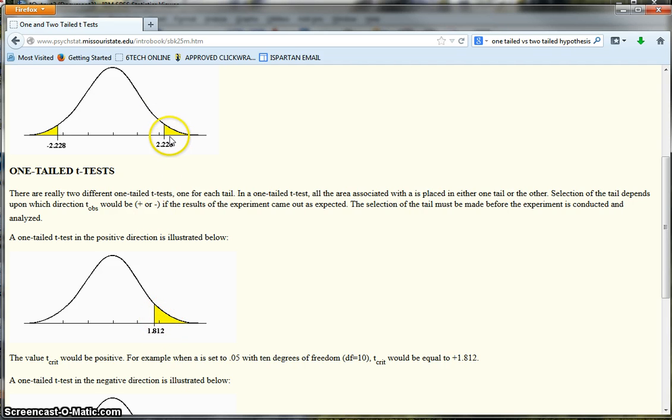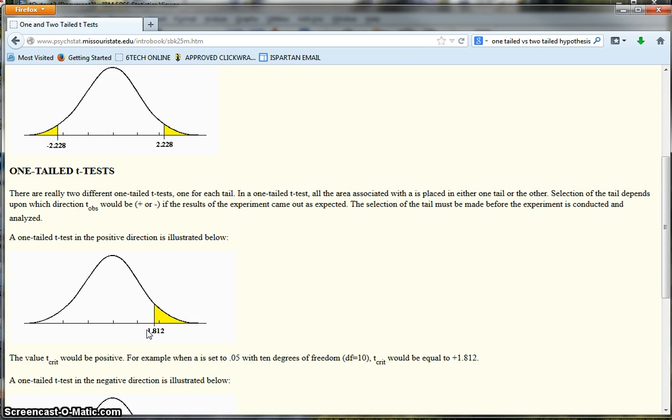See how this is a two-tailed test and there's 0.025 probability here and 0.025 probability here. By that I mean that the area under this curve is equal to 0.025 and the area under this curve is 0.025. The area under the whole curve is 100%, but there's 2.5% here, 2.5% there. That requires a larger t-value, either higher or lower.